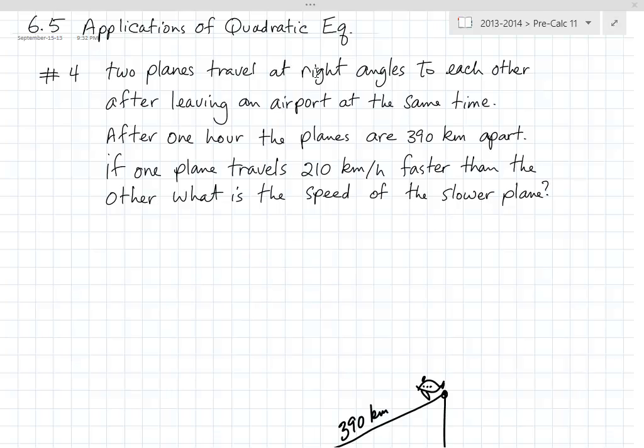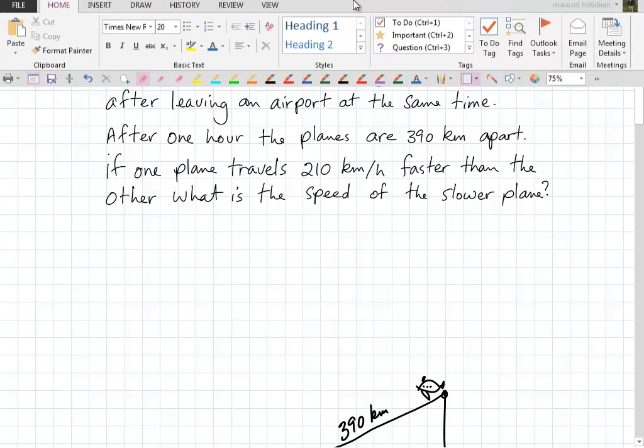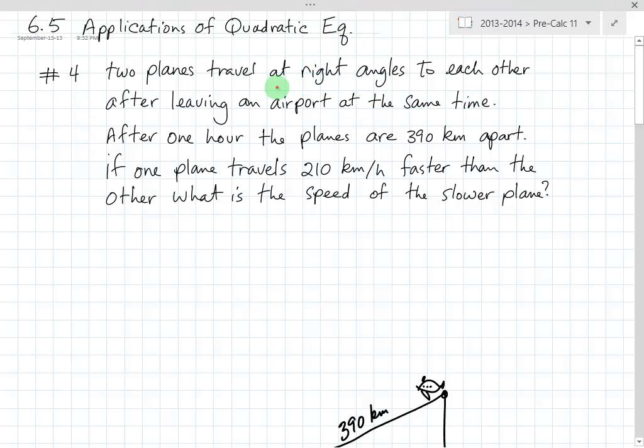After 1 hour, the planes are 390 kilometers apart. If one plane travels 210 kilometers per hour faster than the other, what is the speed of the slower plane?